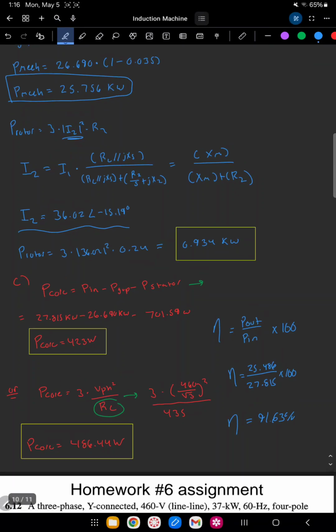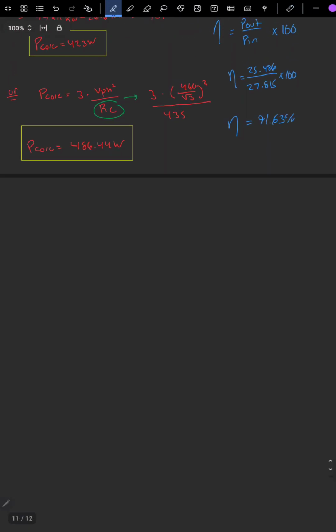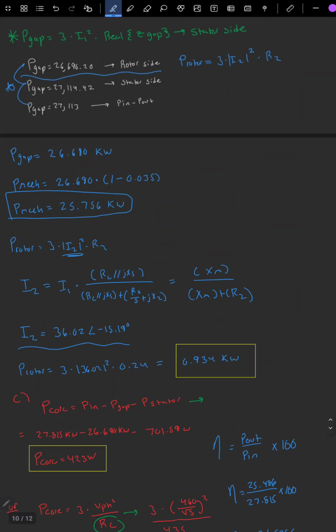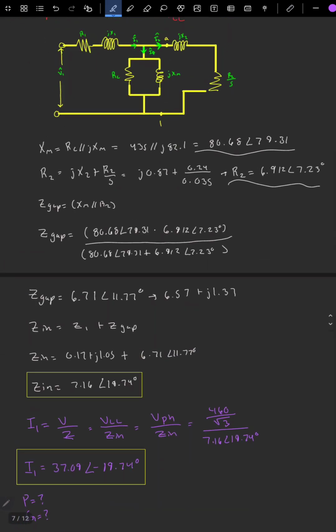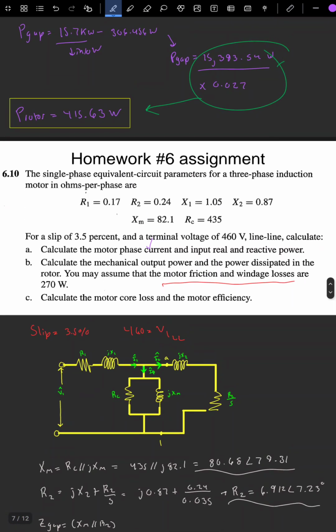And I am just coming to the realization I forgot to solve P out for you guys, and I am very, very sorry. P out is just going to equal the mechanical power that we found minus the power, friction, and windage losses. So we know the friction and windage losses are right here, 270.